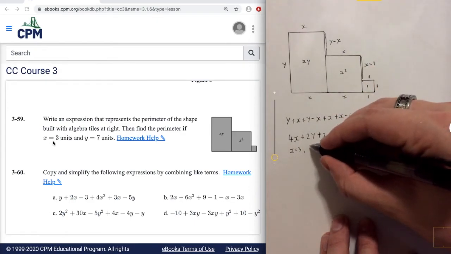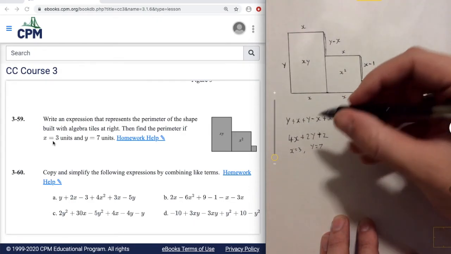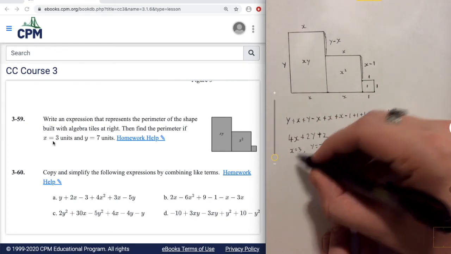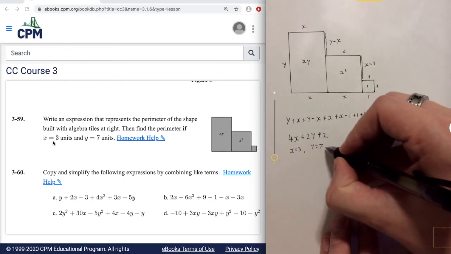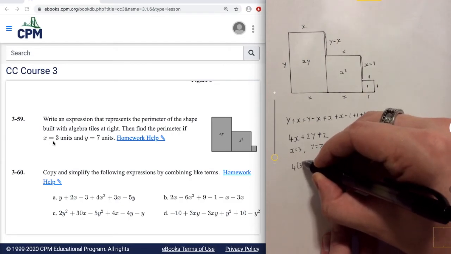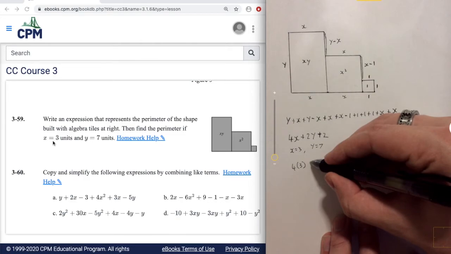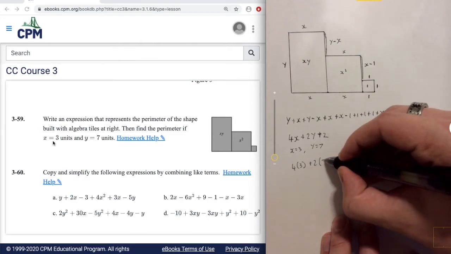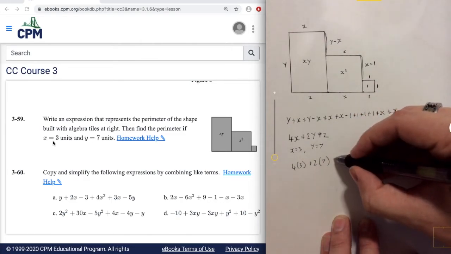So x equals 3 and y equals 7. We can do that by replacing all the x's with 3's and all the y's with 7's. That's going to be 4 times 3, we'll put it in parentheses, plus 2 times 7, again in parentheses, plus 2.